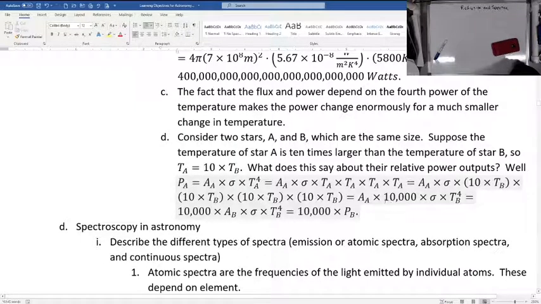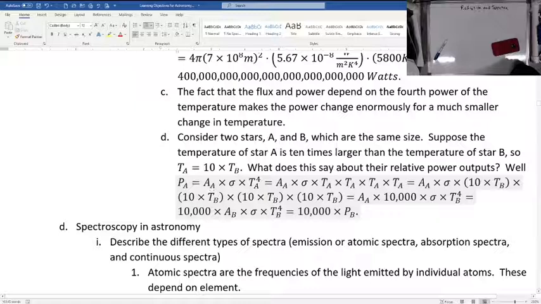And so that's the area of A times 10,000 times sigma times temperature of B to the fourth power, because we had TB times TB times TB times TB. I can rearrange the order, that's just 10,000 times the area of B times sigma times temperature of B to the fourth power, which is 10,000 times the power emitted by B, because the power emitted by B is just area B times sigma times temperature of B to the fourth power.